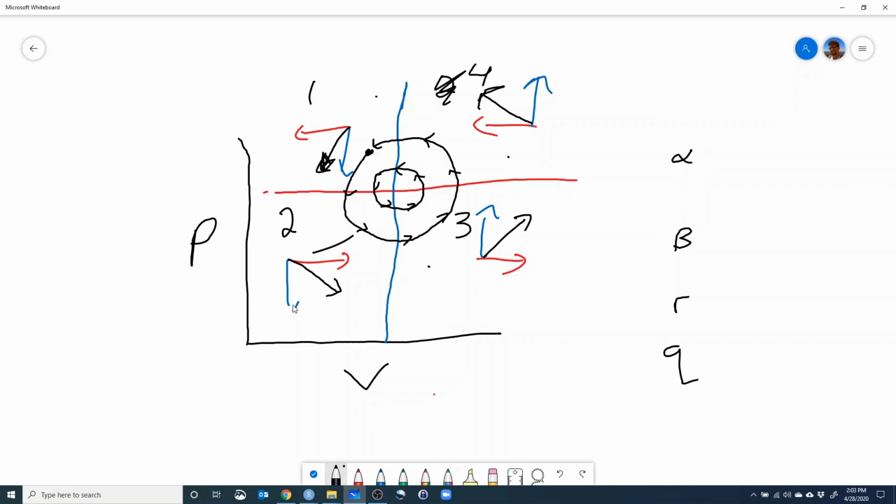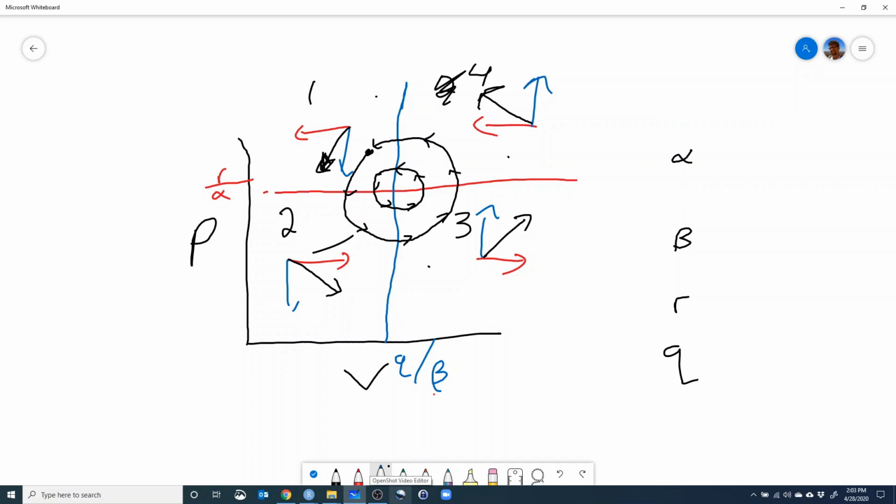The prey isocline right here, and I can move back to the red, is defined as where the predator abundance is equal to R divided by alpha, all right? And the predator isocline, I'll draw in blue, can be defined here as the number of victims equal to Q over beta. All right?